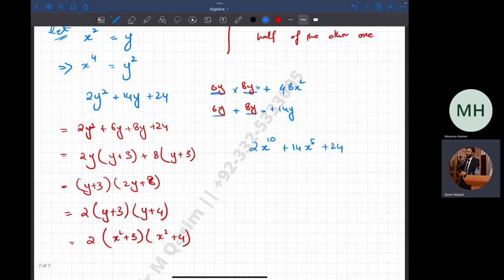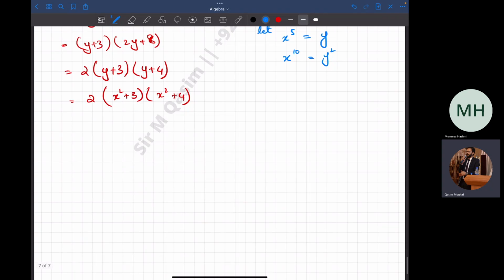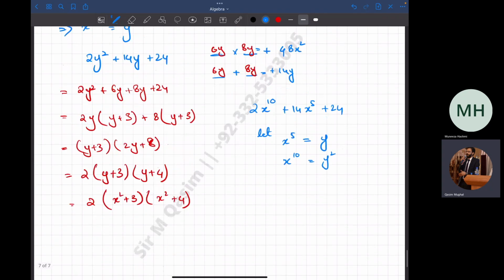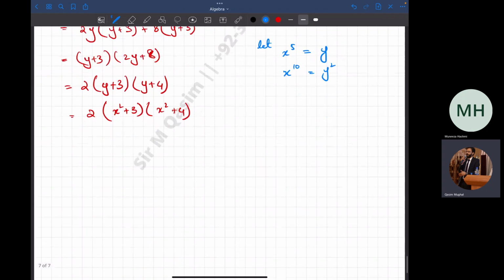You can clearly see this is 5, it's half of 10. Then we assume that x to the power 5 is y. If I square it, then x to the power 10 would become y squared. All right, great. This is all about factorizing.